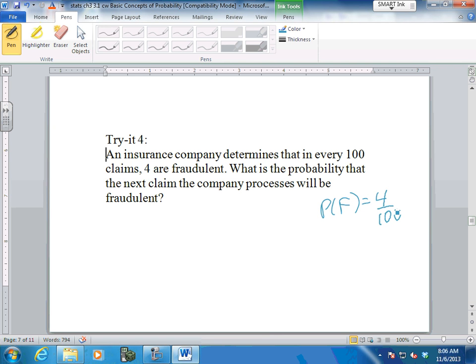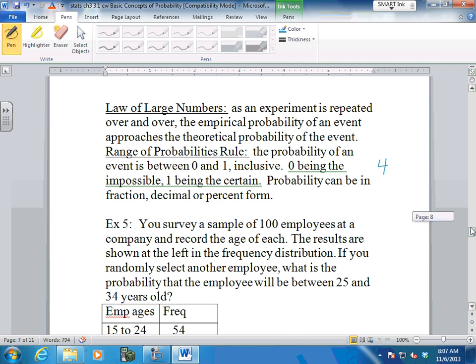What is the probability that the next claim you choose will be fraudulent? 4 out of 100. Your probability is going to stay the same. That's their theoretical. They have determined that 4 out of 100 claims are fraudulent. Okay? All right. We're almost there, guys.